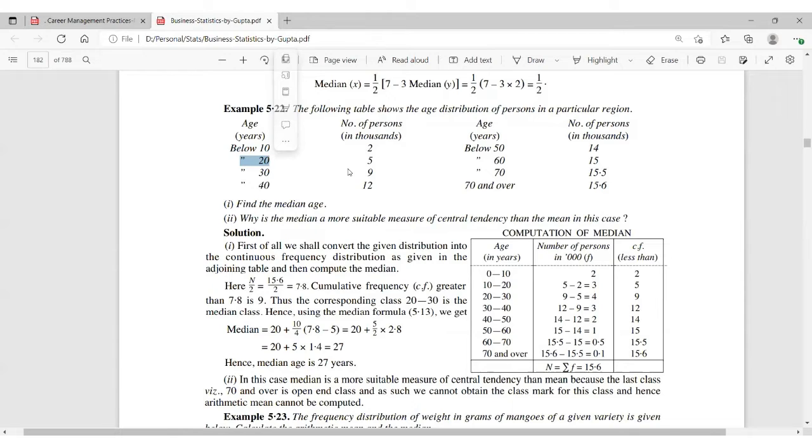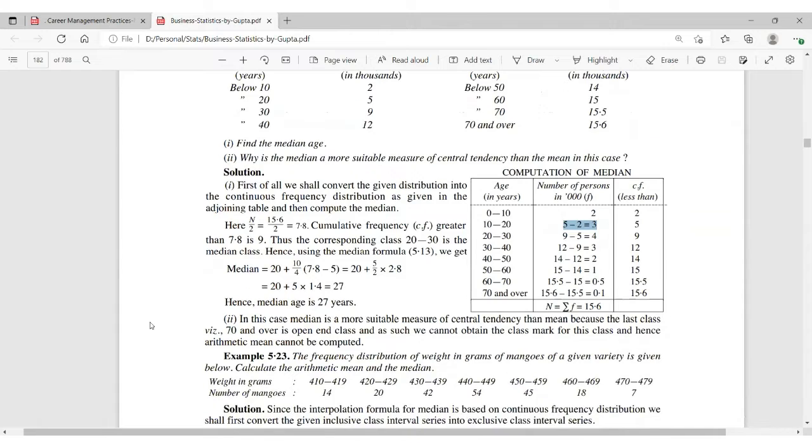So between 10 to 20, it is 5 minus 2, which is 3. Is that clear? In a similar way, 20 to 30, 9 minus 5, then 12 minus 9, and so on, 14 minus 12, 50 minus 14. Is it clear now?